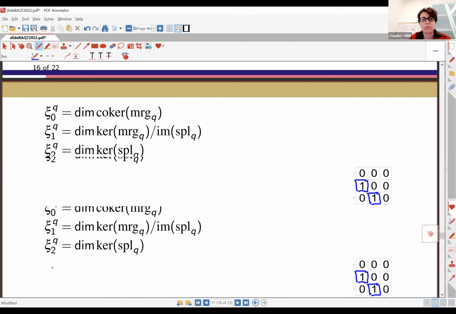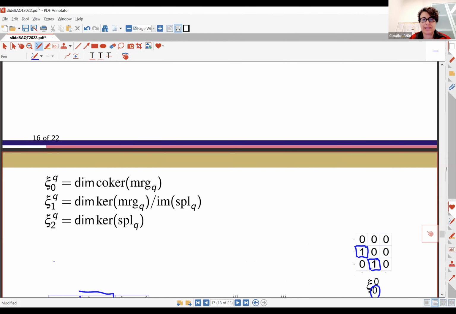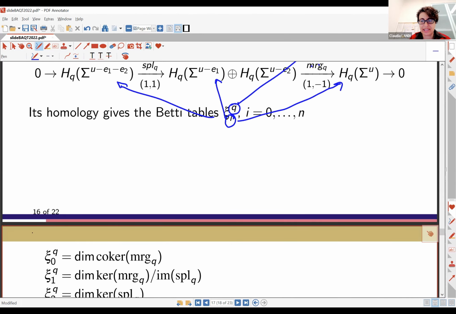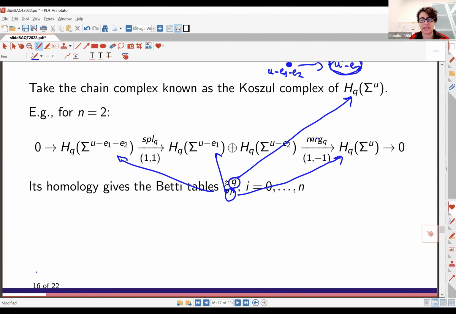If I were able to prove that the support of the Betti tables is exactly the same as the support of critical cells, I could say that the representative lines are the same, but I'm not able.